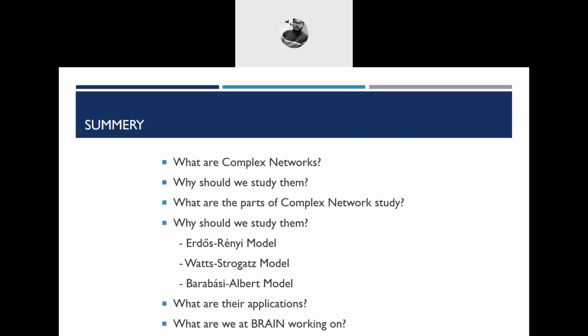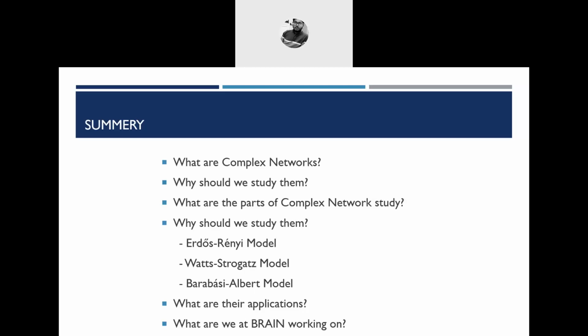Then we studied different models of complex networks, for example the Erdős-Rényi model, the Watts-Strogatz model, and the famous Barabasi-Albert model. And then we studied their applications, how complex network theory can be carried out in day-to-day life, in day-to-day interactions, and also in simulating environments where complex network theory is used. We also covered the applications.